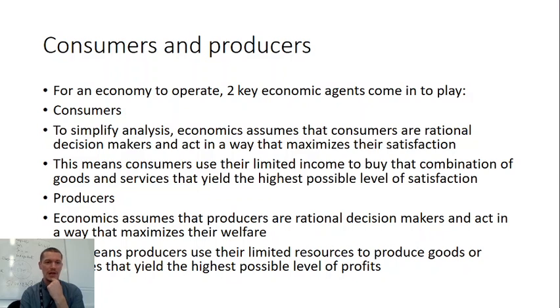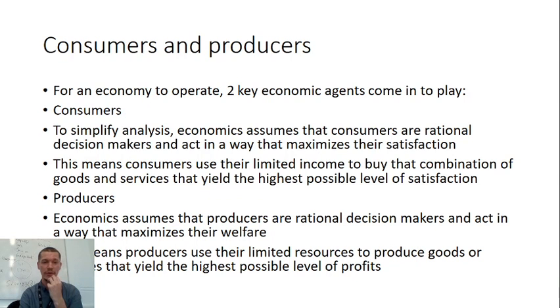Within the PPF setup, within an economic setup, we also need consumers and producers. For an economy to operate, our consumers, basically, if we go to that third bullet point, to make things nice and simple, economics assumes, ceteris paribus, that consumers are rational decision makers and act in a way that maximizes their satisfaction. When I bought this shirt, at that point, I felt the money that I spent, this shirt looks all right, it's a nice color, it fit me, it was going to maximize my satisfaction and I'll wear it.